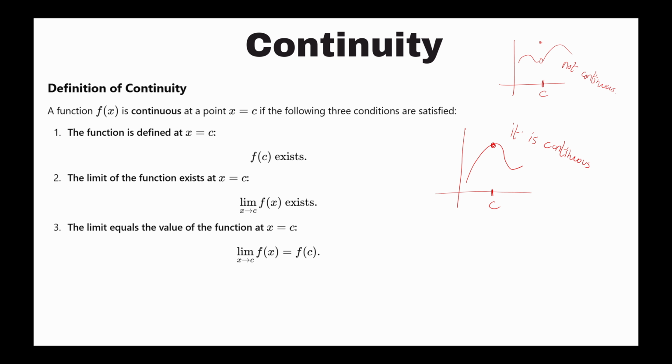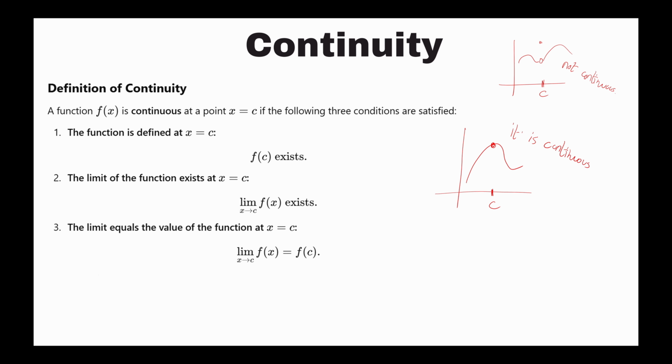Whenever a function's graph is a simple graph which is connected at all points, we say that this function is continuous in its domain or in whatever x range we are asking on. So now, how do we find out whether this is continuous at any point or not?